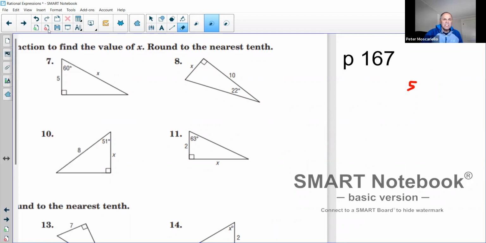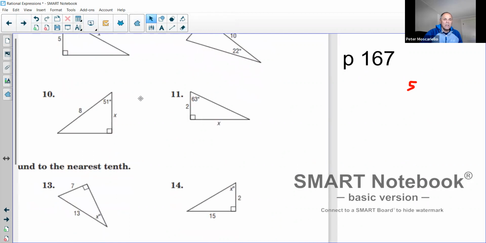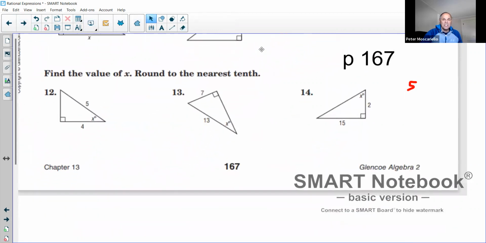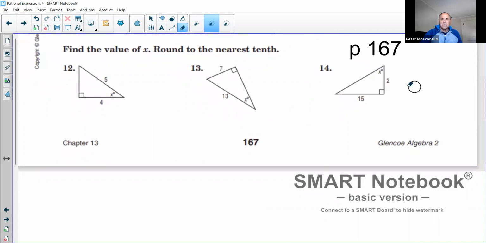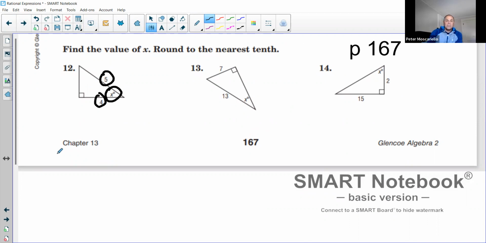So this is page 167, I believe. Yep. And we had 12 through 14. Here they are. Okay. So 12 through 14 was a situation where you were given two sides and you find the angle, and I call it the 3-player game. In this case, it's 2 sides and an angle, and 2 of the 3 have to be given.